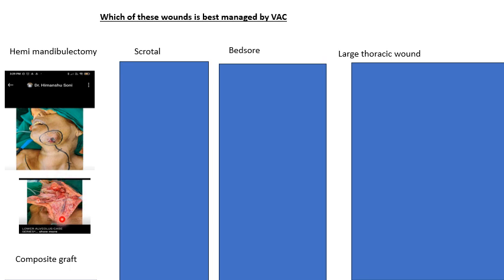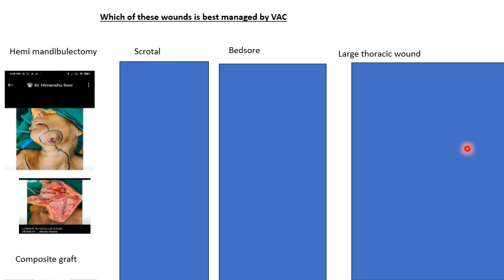No, because this is more than skin and soft tissue. The defect is more than skin and soft tissue. You need a composite graft, a graft which will have the mucosa, the skin, the muscle and the bone. So this will require a composite graft.